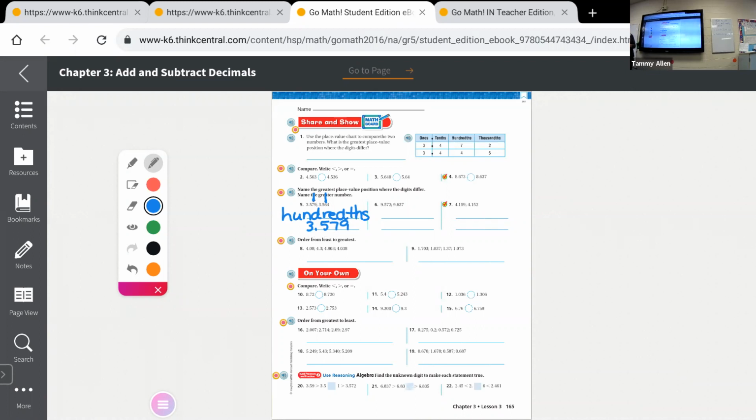Questions on that? Eduardo? The 3s were the same, the 5s were the same, the 7 and the 6 are not, and they're in the hundredths place. Does that help you? Okay.